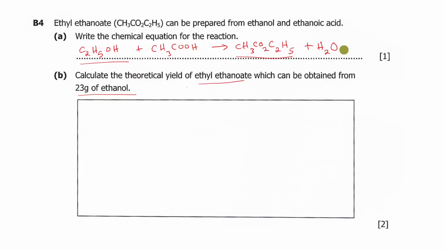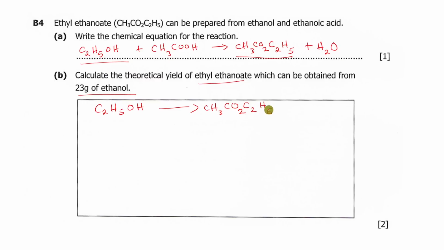So since it is balanced now, our focus is to look at what is being asked. Since they're saying calculate the theoretical yield of ethyl ethanoate, we'll only consider what is given, which is ethanol, C2H5OH, and what is being asked, CH3CO2C2H5.